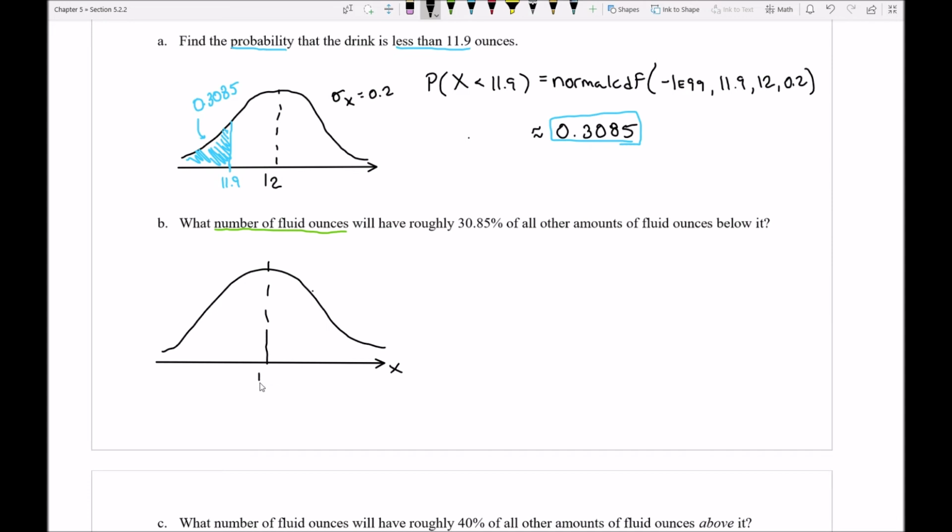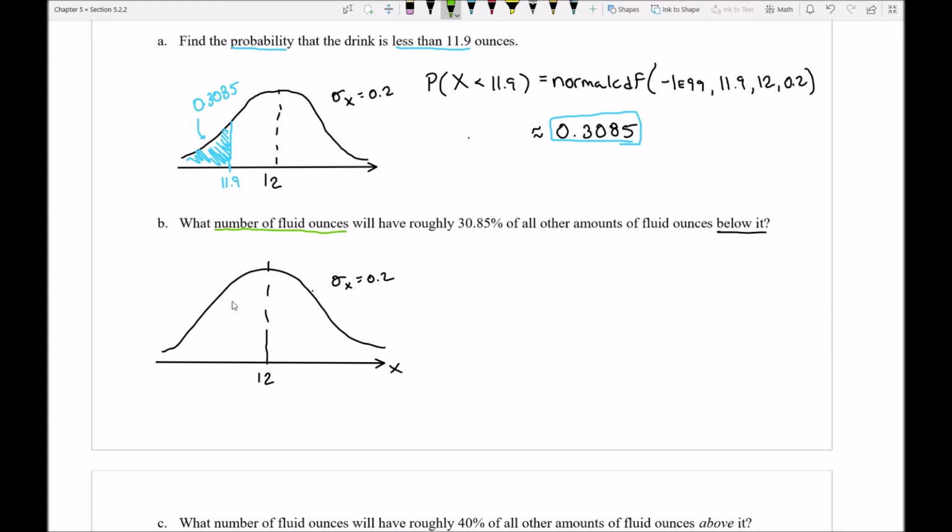So I still know I'm talking about the soft drinks, with an average of 12 and a standard deviation of 0.2. Now I know that my green X will have roughly 30.85% of all other X's below it. So I could start to think about where in the world my X could be located on the number line. If I go below it, there should be about 30.85%.